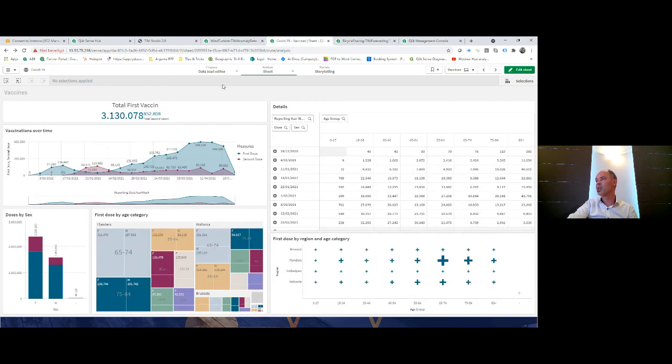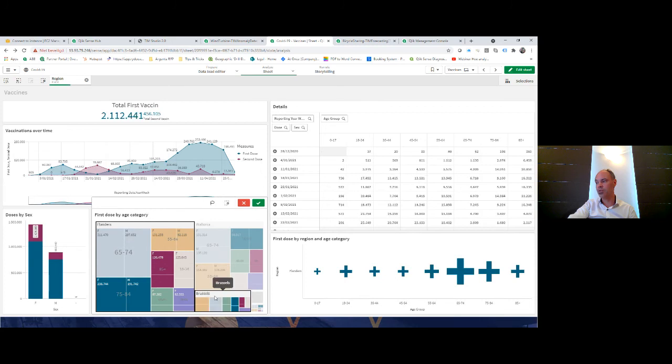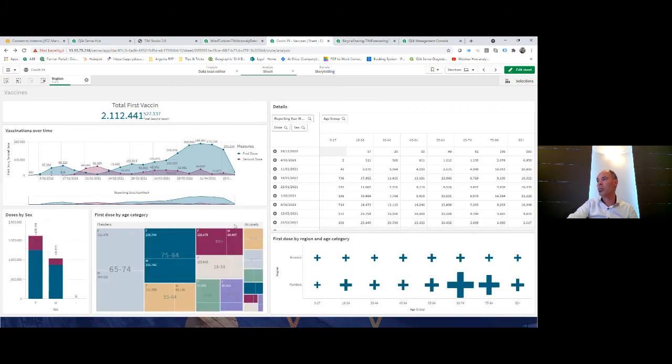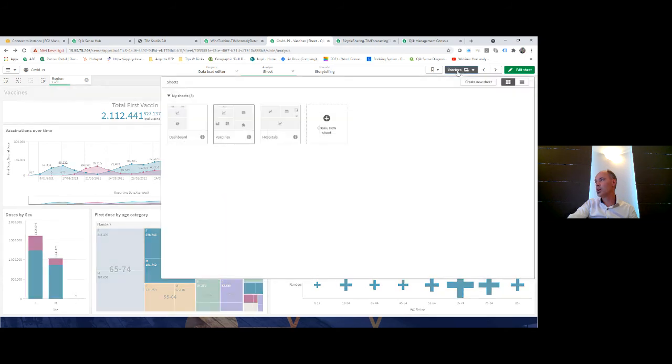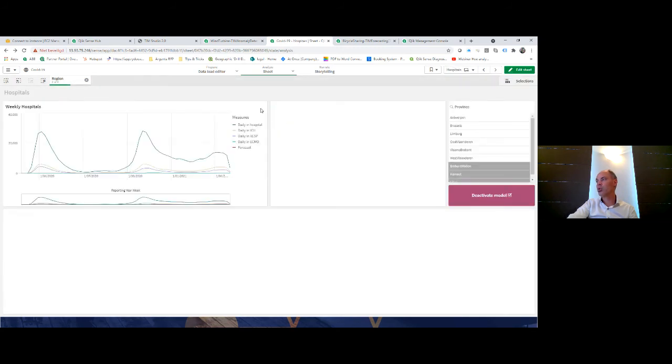But I still have another example in Qlik Sense available, which is basically about the COVID-19 vaccination part. So in this case, we see, for example, a normal Qlik Sense dashboard where we can interact. For example, I'm interested in Flanders and Brussels. And then basically I want to go with this selection towards another sheet called hospitals.